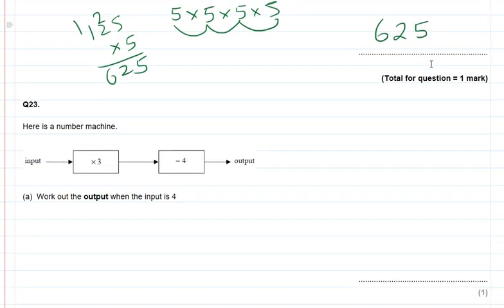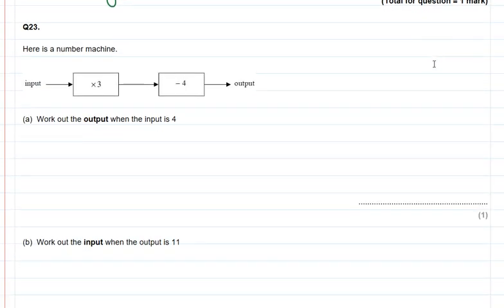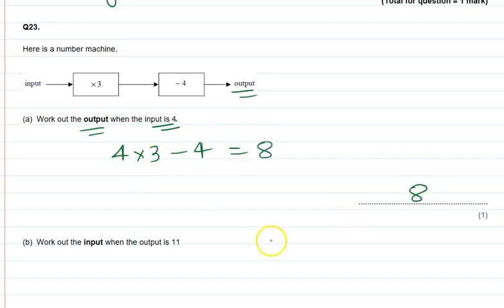Okay, question number 23. Here is a number machine, so input times 3, then take away 4, then you get output. Work out the output when the input is 4. So input is 4, so 4 times 3, take away 4. 4 times 3 is 12, 12 take away 4 is 8, so the answer will be 8.